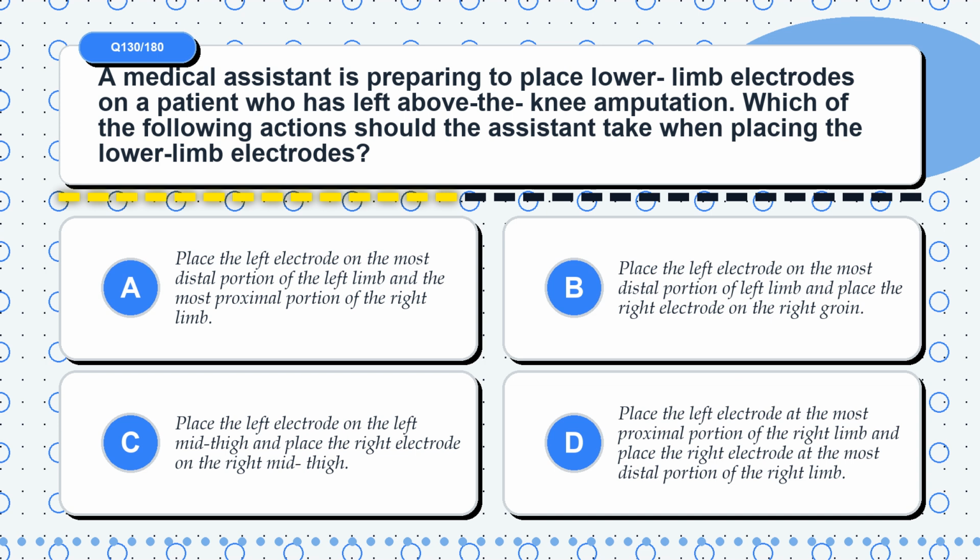Option B, place the left electrode on the most distal portion of the left limb and place the right electrode on the right groin. Option C, place the left electrode on the left mid-thigh and place the right electrode on the right mid-thigh. Option D, place the left electrode at the most proximal portion of the right limb and place the right electrode at the most distal portion of the right limb.